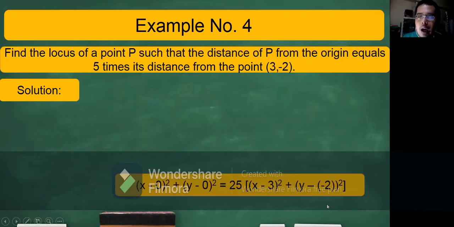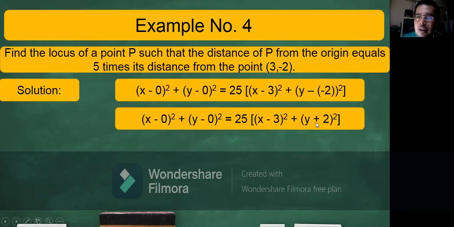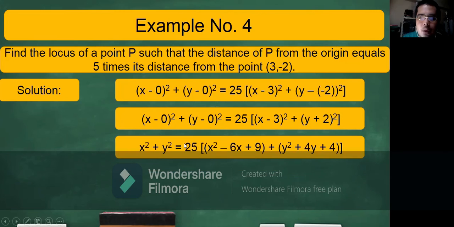Simplifying this equation, this will be x squared plus y squared, since this is 0 we do not need to write it, equal to 25 times the expansion of (x minus 3) squared, using our concepts from special products in elementary algebra. So this will be x squared minus 6x plus 9 plus y squared plus 4y plus 4.